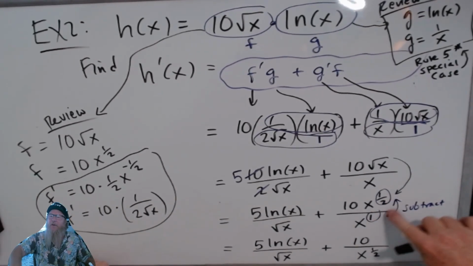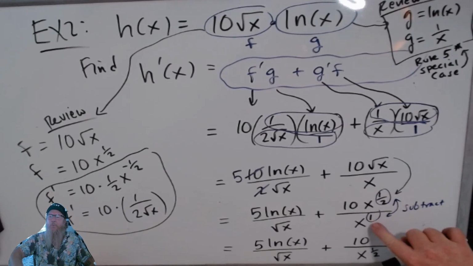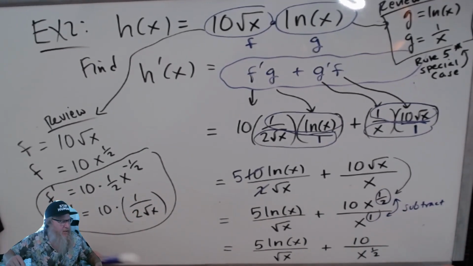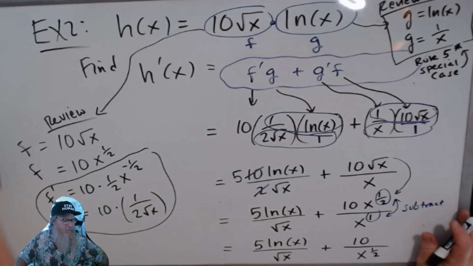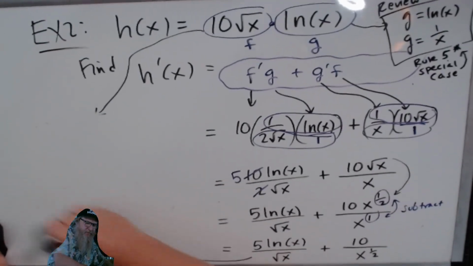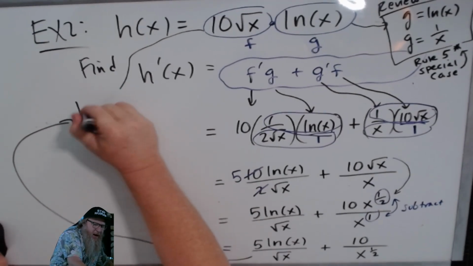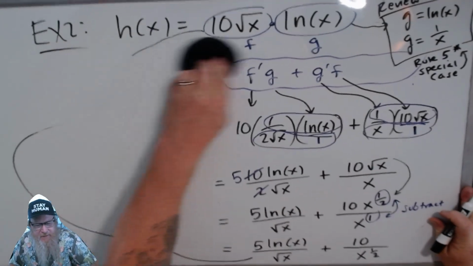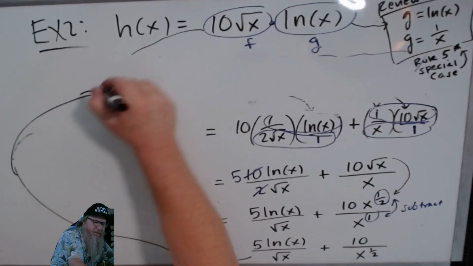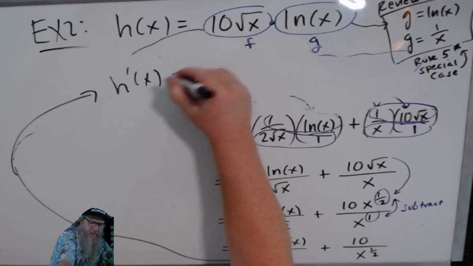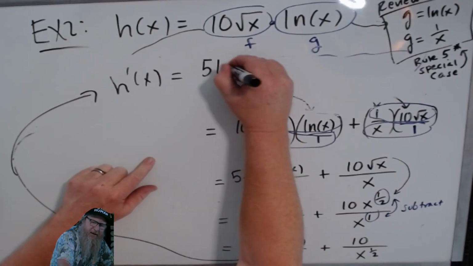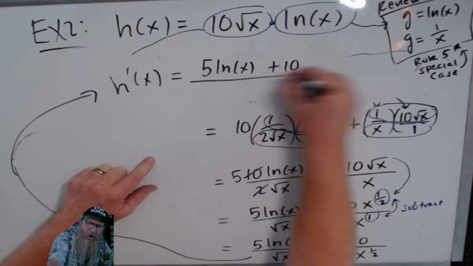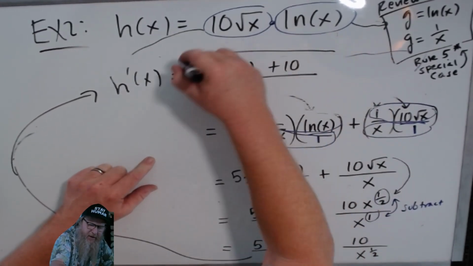Now you could go the other way. You could do 1/2 minus 1. That would still be correct, but then you'd get negative 1/2 and you'd have an extra step. But it wouldn't be wrong. It would still be correct. So h prime of x is equal to 5 ln of x plus 10 all over the square root of x.